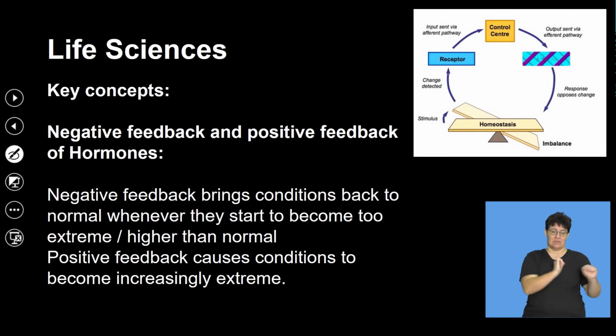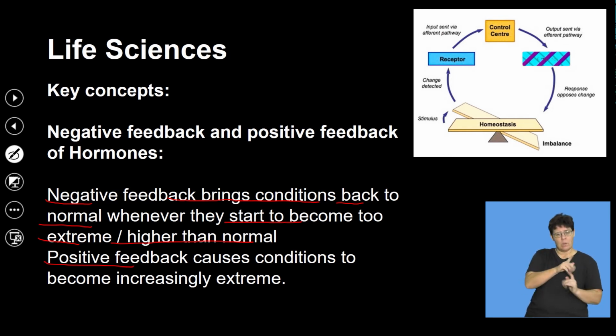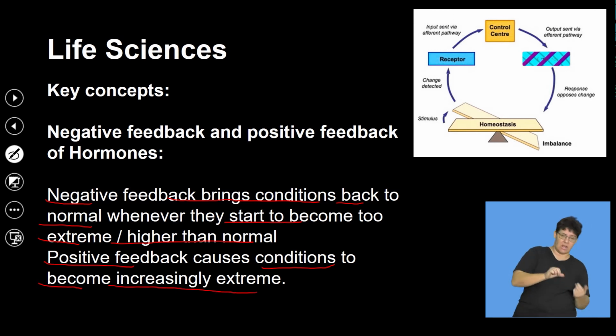Let's try and understand what negative feedback and positive feedback actually try to establish in an organism. Negative feedback brings conditions back to normal whenever they start to become too extreme or higher than normal. Positive feedback will also cause a condition to return back to normal, especially when there's an increase in extremity.